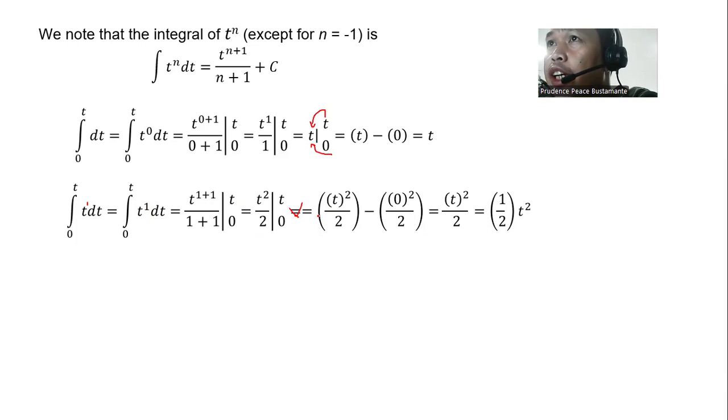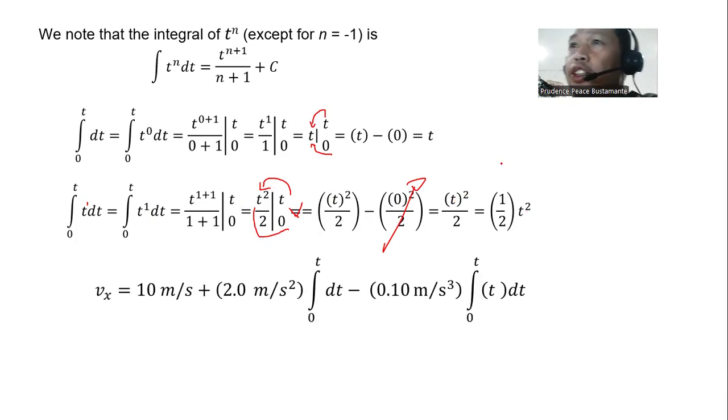Okay, so the upper boundary, I put that, so it becomes t squared over 2, minus the lower boundary, so this will be 0. So we have t squared over 2 or 1 half t squared.